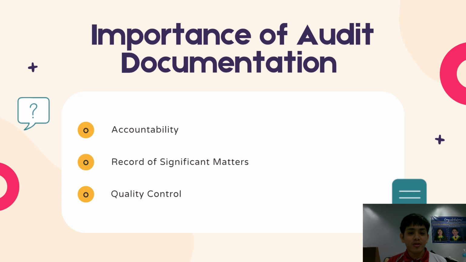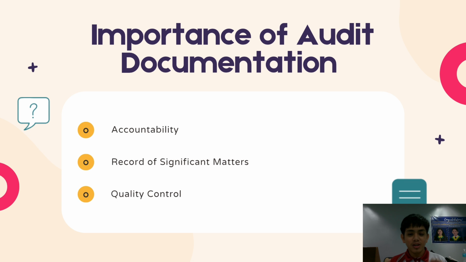Next is the record of significant matters. Significant is the keyword. During the audit, auditors may encounter many issues, unusual transactions, or areas that require significant professional judgment. You really need to apply those things. These matters must be carefully documented.